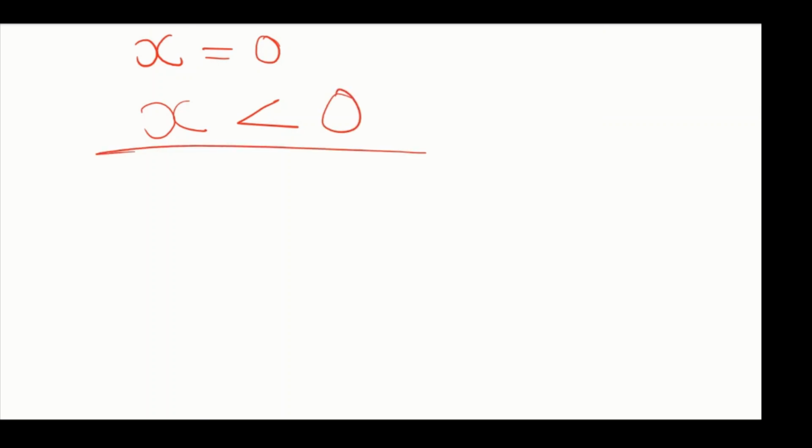So since the x value of the point of inflection is equal to 0, to define the concavity, concave down, it's x less than 0. So any value that is less than 0 will define the concavity of the function to be down. So it's going to be concave down.